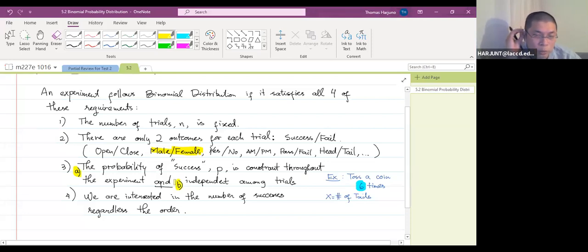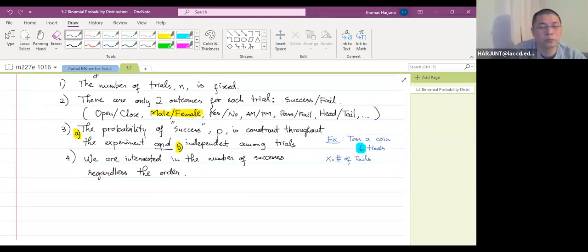I happened to put them together. Constant throughout the experiment. So let's say the probability of getting a tail is 60%. Then because we use the same coin, the probability of getting a tail will be 60% for any trial in that experiment. And it's also independent among trials. That's the experiment that gives us a binomial distribution.